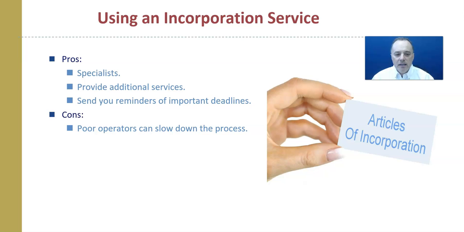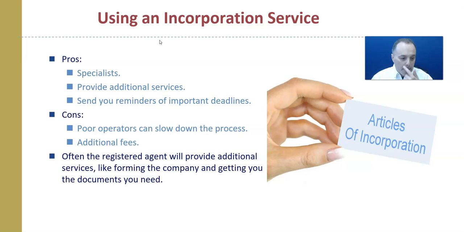What I've showed you here today is how you can form the corporation directly yourself. But otherwise, you can use one of these incorporation services, and they will do it for you. But if you use the wrong ones, then sometimes they can take too long and just get in the way. I've had them take months and really slow the process down. I had good experiences as well.